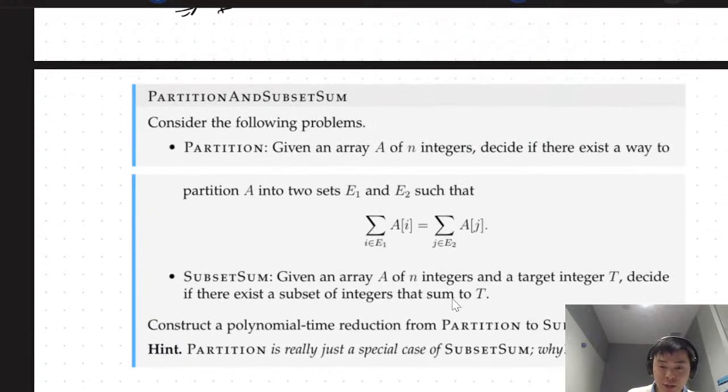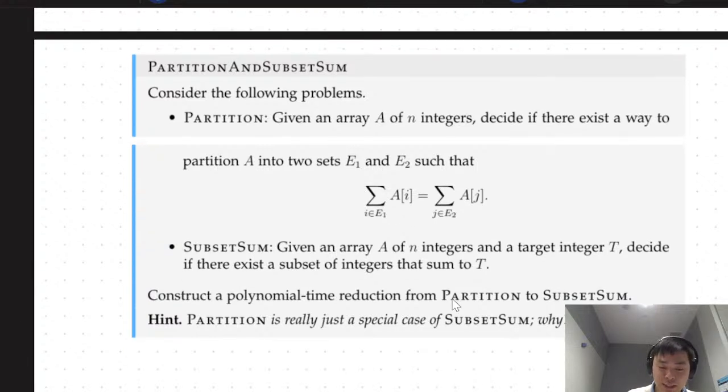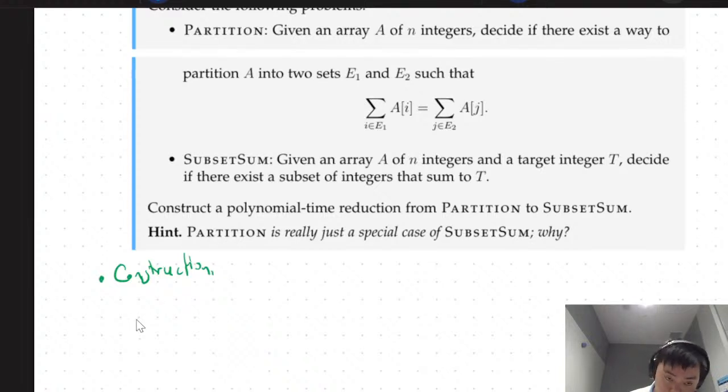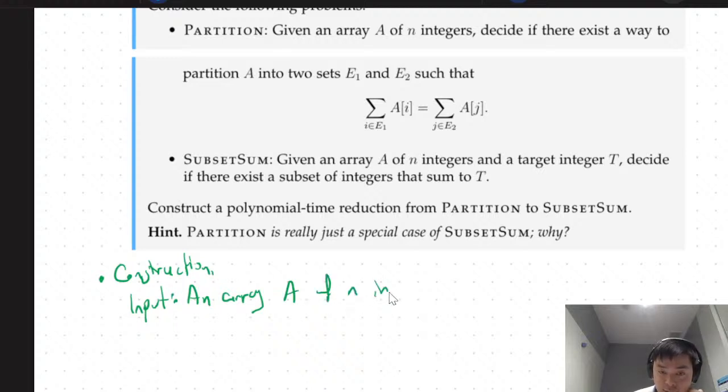So to construct the reduction, what we need to do is, given any instance of the first problem, construct an instance of the second problem, and then show the equivalence. So let's go through the construction. So our input is an array A of n integers.